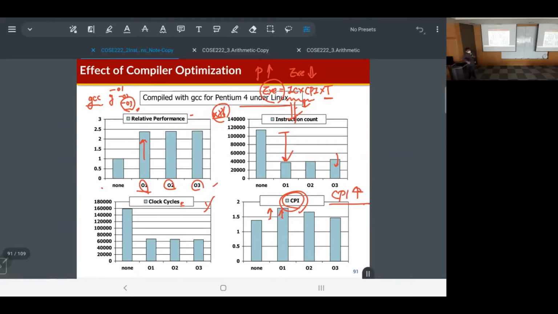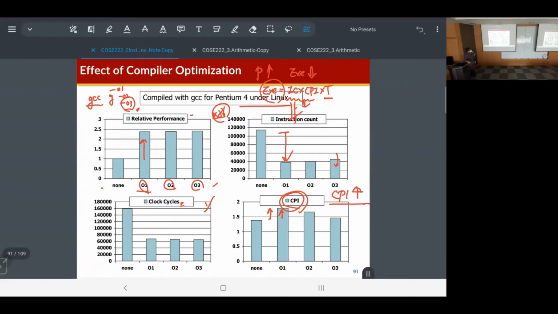Okay, so in chapter 1, we learned how to measure the performance of our computer systems. The performance is the inverse of the execution time. So we can calculate the execution time while running some applications on the target computer systems. Execution time is determined by instruction count, CPI, and clock period.